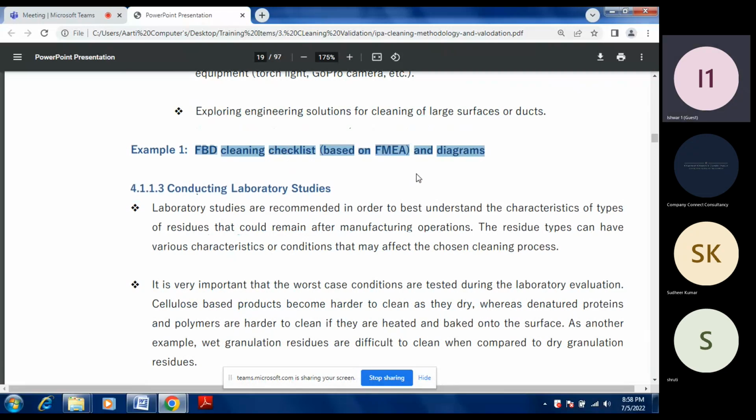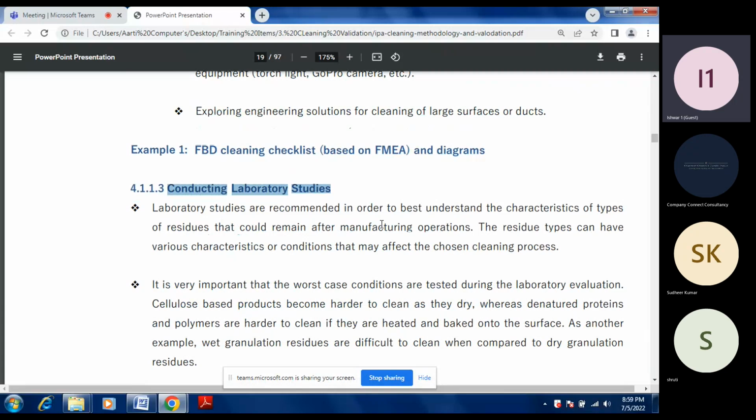Based on that checklist, we will check all the checkpoints, whether they are applicable for that particular cleaning, or whether that particular activity we can actually perform or not.